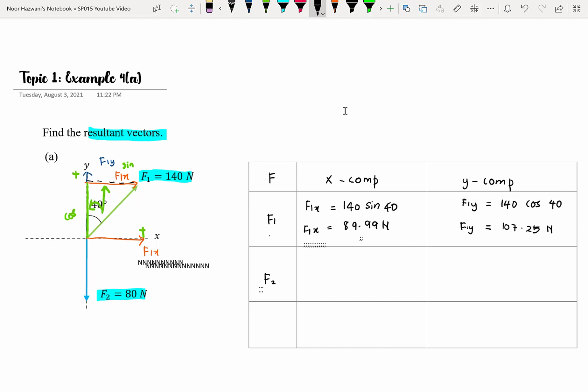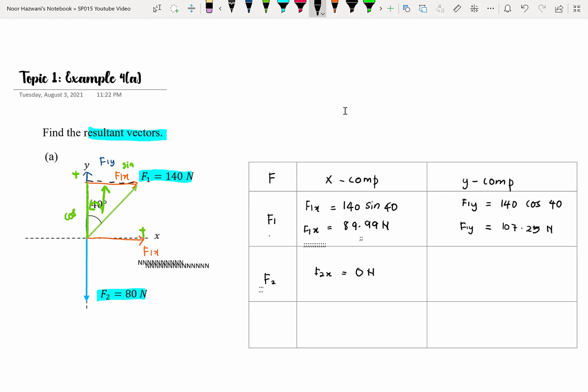Okay, but then for F2 is very simple because F2 just align along Y component, so dia tak akan ada nilai untuk X component, so it's just simply 0. So F2X is equals to 0 Newton. Even 0 Newton you have to write down, so don't forget to write unit even though the value is 0.